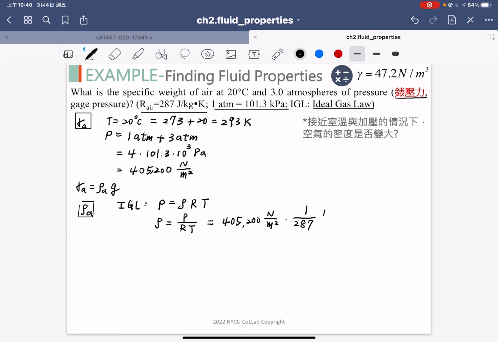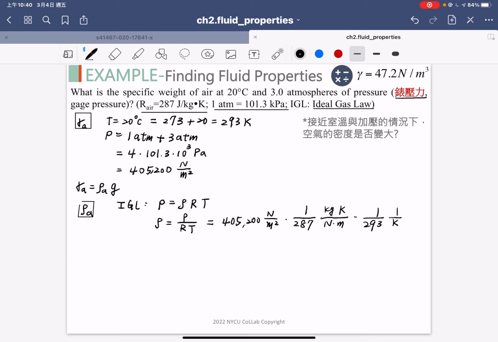The joule is the newton multiplied by meters, divided by kg multiplied by K, and because this is on the bottom, the unit is newton meters per kg, the absolute temperature K. And divided by T, which is 293 over 1, and the unit is K over 1.